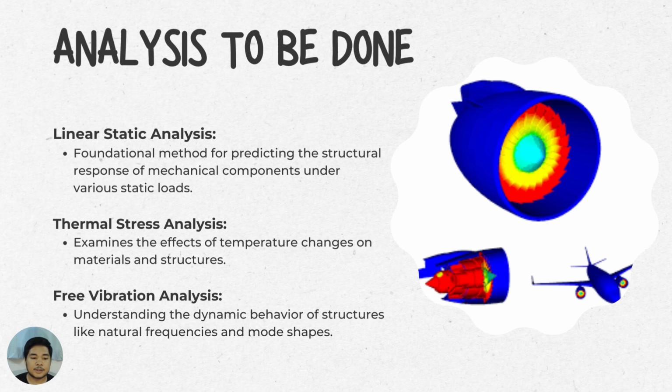What is thermal stress analysis? Thermal stress analysis is to examine the effects of temperature changes on materials and structures. Analysis number 3, free vibration analysis. Free vibration analysis is for understanding the dynamic behavior of structures, like natural frequencies and mode shapes.